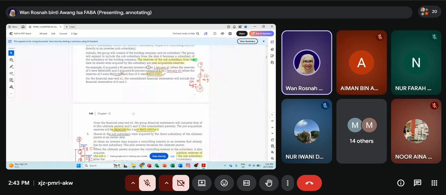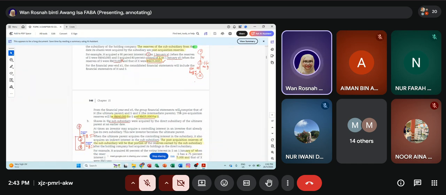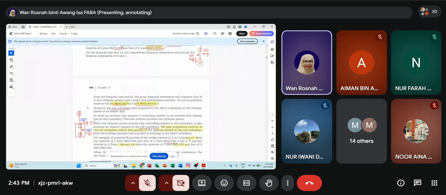In 2025, the financial year end, the group financials will comprise that of H, which is the ultimate parent, and S and X, the intermediate parent, and the pre-acquisition reserves to consider are 40,000 and 25,000 of X. Later on, when we prepare the accounts, we will see how it's going to be included.